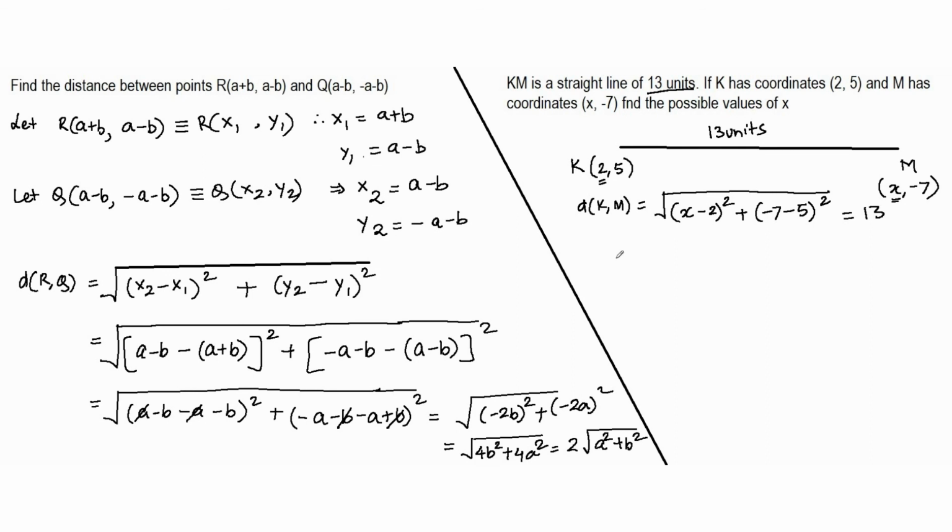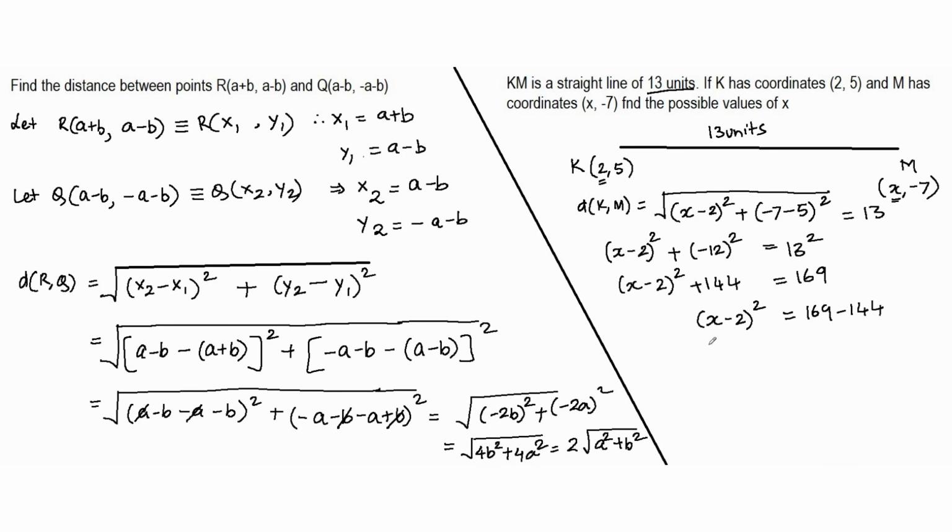Now squaring both sides, what we get is x minus 2 the whole square plus negative 12 the whole square is equal to 13 square, which means x minus 2 the whole square plus 144 is equal to 169, and therefore x minus 2 the whole square is 169 minus 144, and therefore x minus 2 the whole square is equal to 25. And now I can take square root on both sides. So I get x minus 2 is either positive 5 or x minus 2 is equal to negative 5.